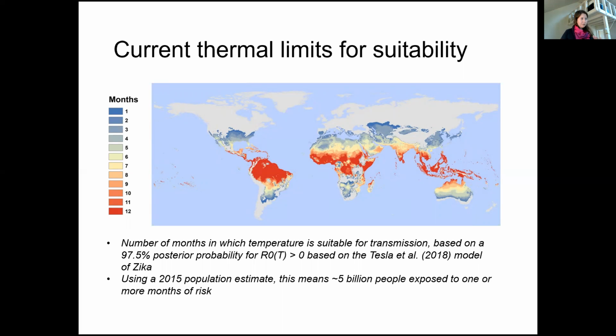We see that the clumpiness looks a little different on the landscape, but that doesn't really tell you a heck of a lot. Using a 2015 population grid of the globe, there's about 5 billion people exposed to one or more months of risk under this suitability model.